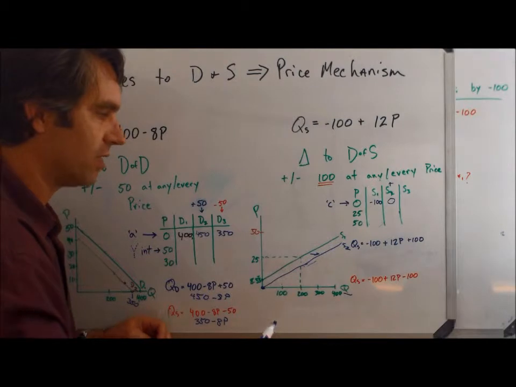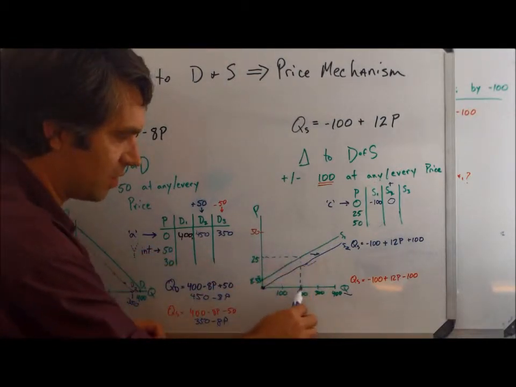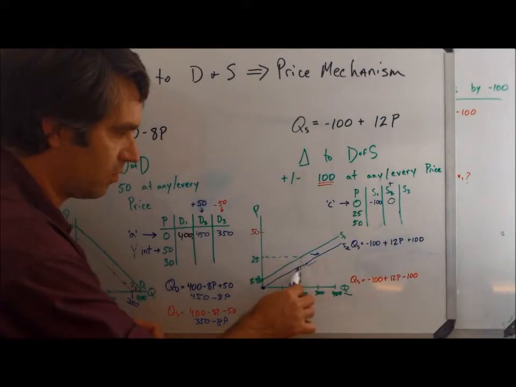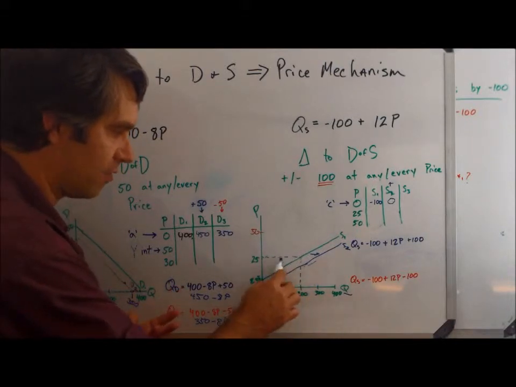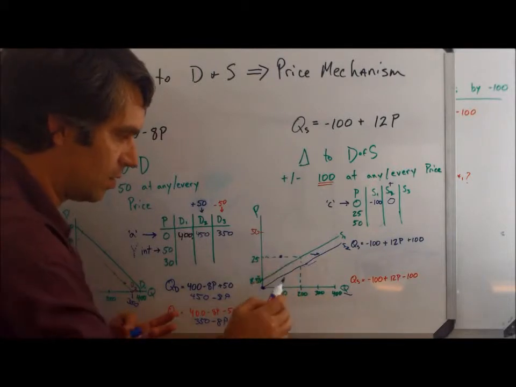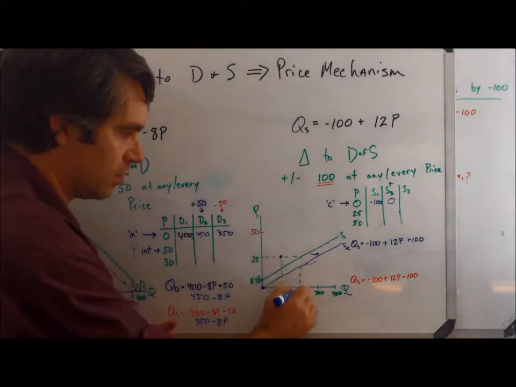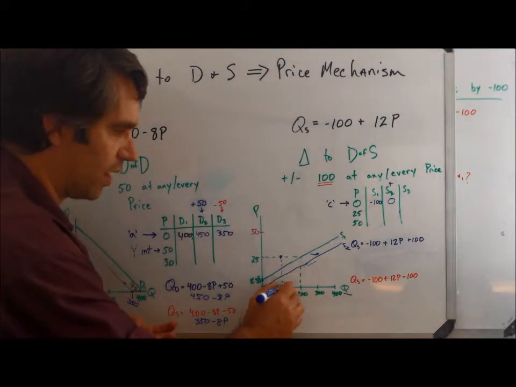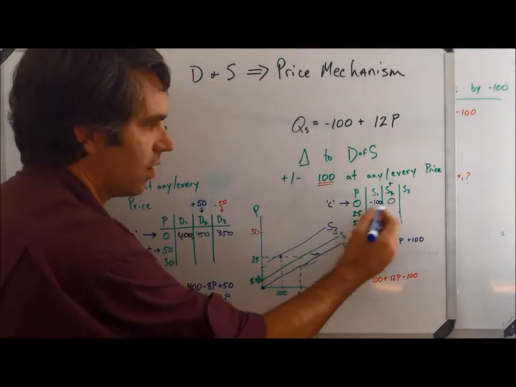If it went to the left, I would show it somewhere else, maybe here at 25 and 200, that's on my original curve. If it shifted to the left, this would now be at 25, it would be 100. So instead of 25 and 200, it's 25 and 100. And that would be our new curve through there.